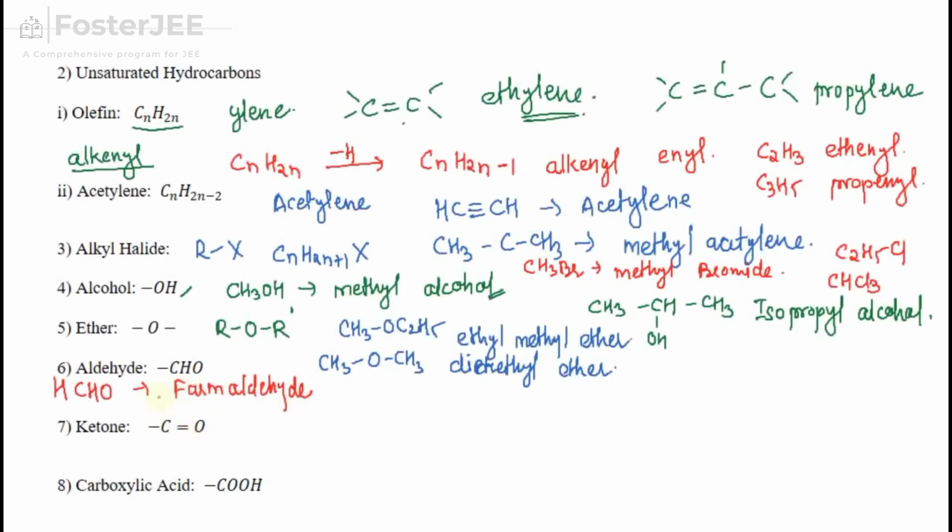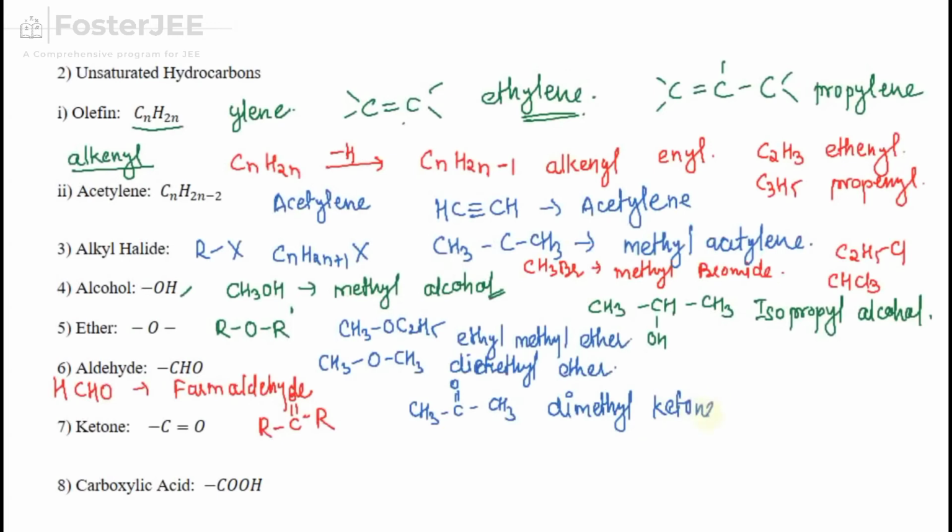Now the next one is ketone. The functional group in ketone is CO, which is the carbonyl group. So the carbonyl group is bonded with two alkyl radicals, forming RCOR. So here, if the compound is CH3 C double bond O CH3, then the name of the compound is dimethyl ketone.